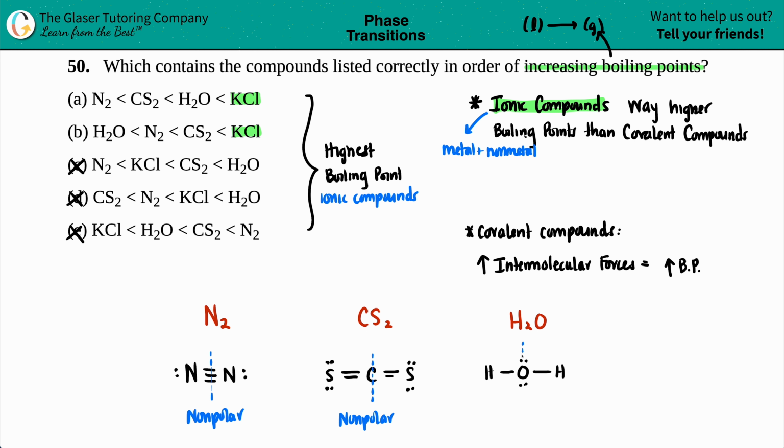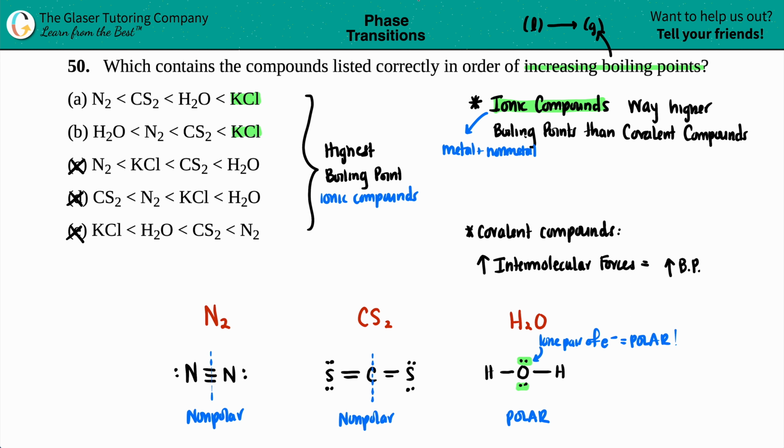H2O, if I cut this down the middle, may look symmetrical because I have an H and an H on one side, but the trick here is that if your central atom has at least 1 lone pair of electrons, this is automatically polar. So this is polar.